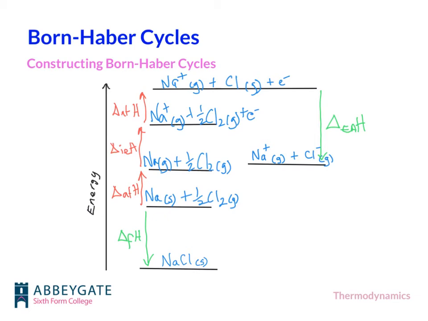And now we've reached the point where we've got our sodium ions and our chloride ions. And so by adding up all of our different values going up and taking away our value going down, the difference between them is going to give us this value. I'm going to put an arrow on both ways because this is our lattice enthalpy.